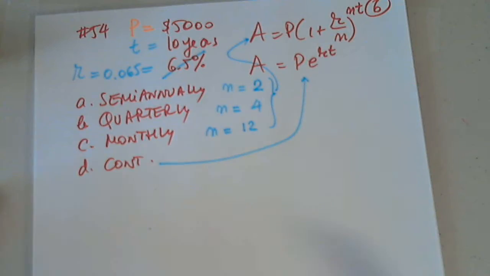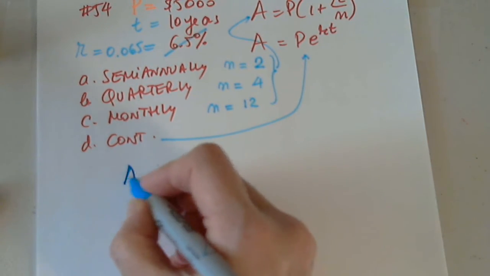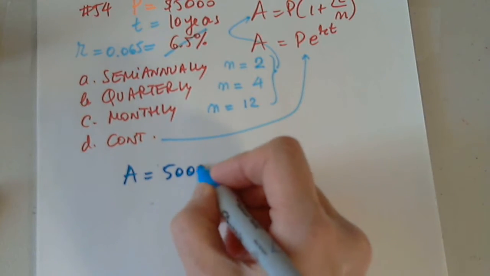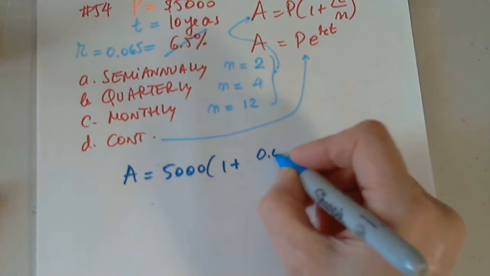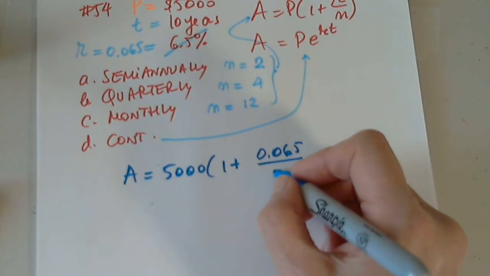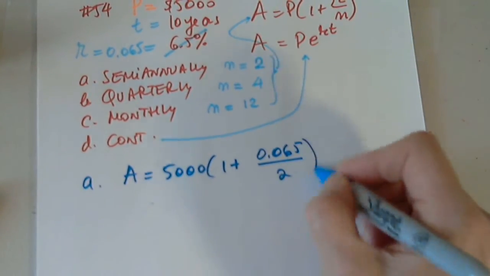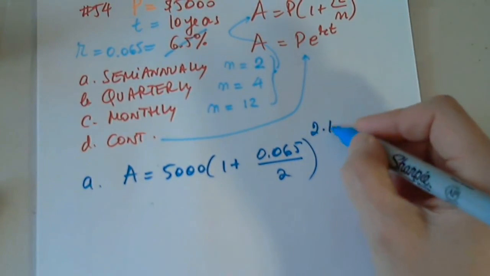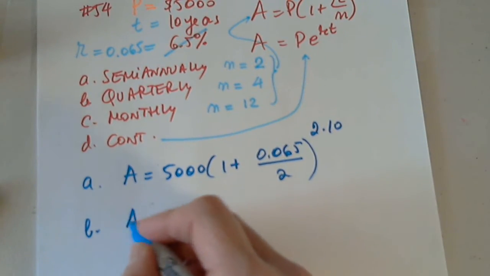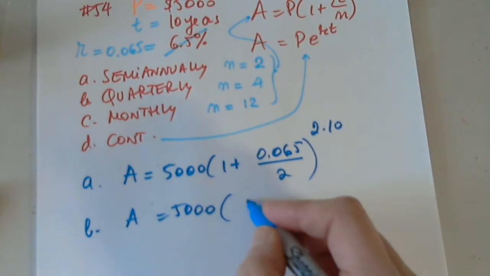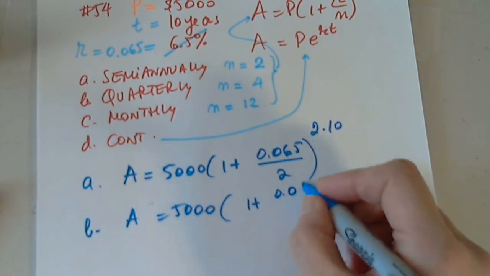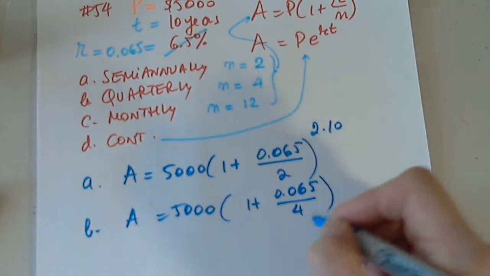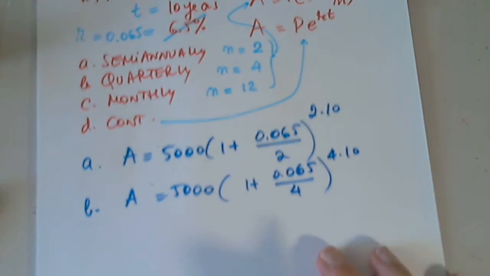Okay, perfect. So let's write them. Don't calculate anything. For part A, I have 5,000 times (1 plus 0.065 divided by 2) raised to 2 times 10. Part B, 5,000 times (1 plus 0.065 divided by 4) raised to 4 times 10.